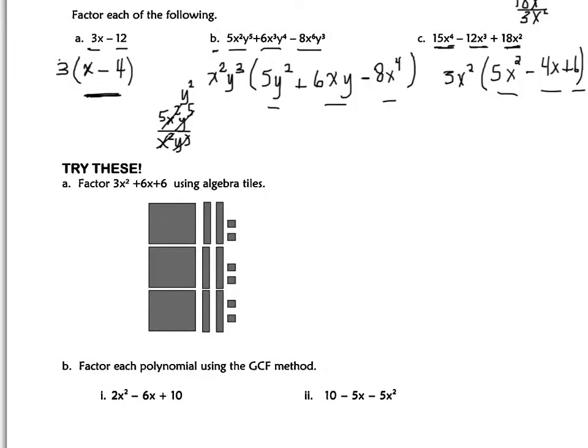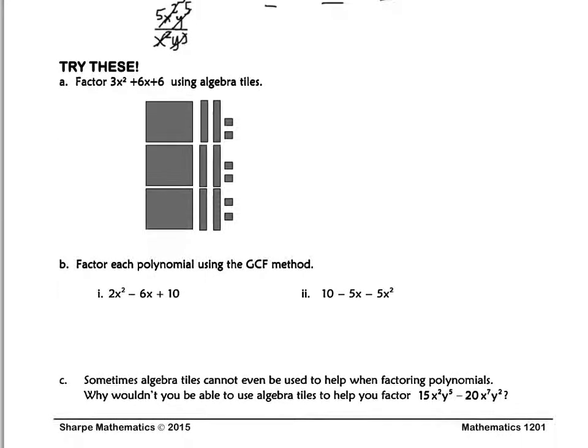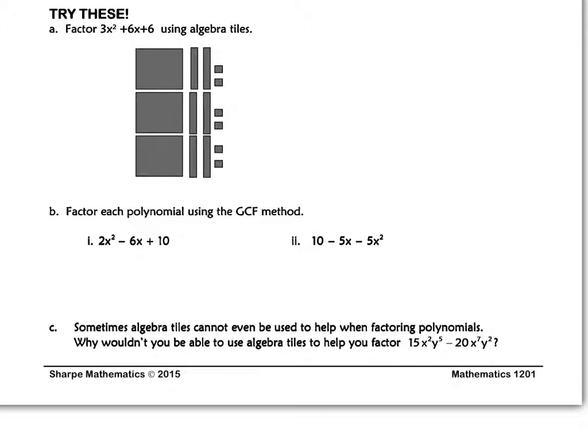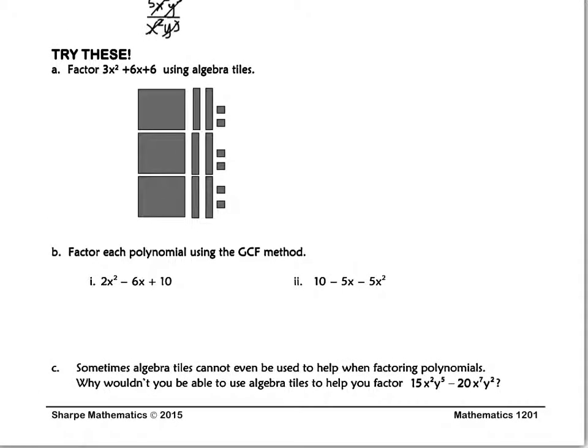Okay, so let's try a few examples here now to see if you can factor using either algebra tiles or the GCF method, using the algebraic method. So the first one there, you've got the expression 3x squared plus 6x plus 6 represented using all positive algebra tiles. There are 3 large squares to represent the 3x squared.